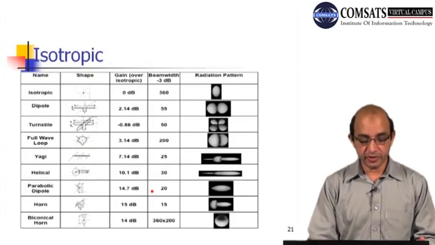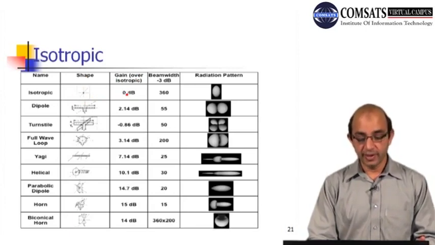So here we have mentioned different antennas, their shape, gain and bandwidth and radiation pattern. You can see the isotropic antenna, and this is the point source, and it is radiating equally in all directions. Gain over isotropic antenna is 0, right, because this is the reference.